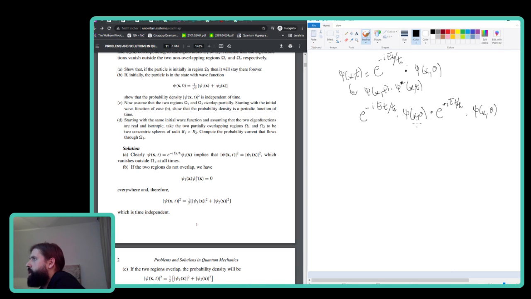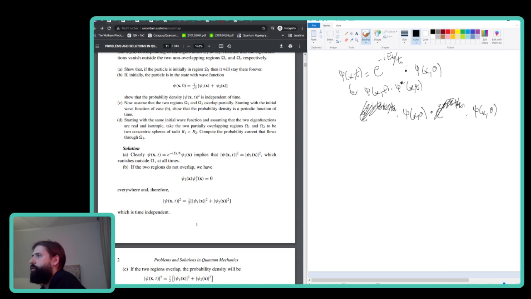Now these two things add up to just 1. So these two coefficients disappear, because they become 1. And we end up with just having to square the initial function.